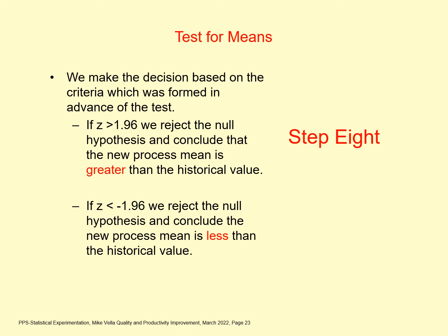If you recall, we're saying if z is greater than 1.96, we reject the null hypothesis and conclude that the new process mean is greater than the historical value. And in the same way, if our new z is less than minus 1.96, we reject the null hypothesis and conclude that the new process mean is less than the historic value.